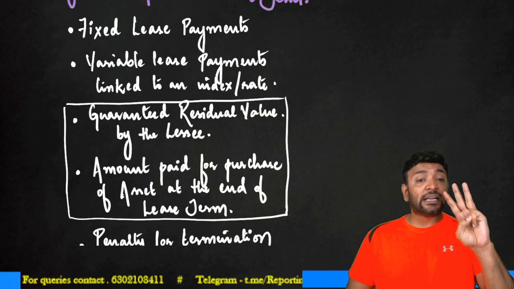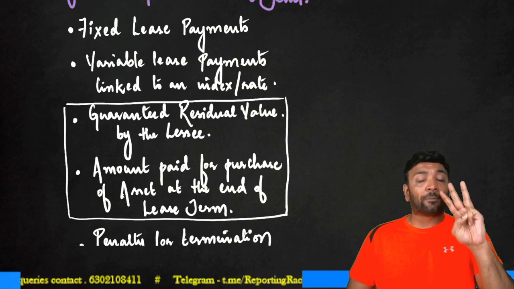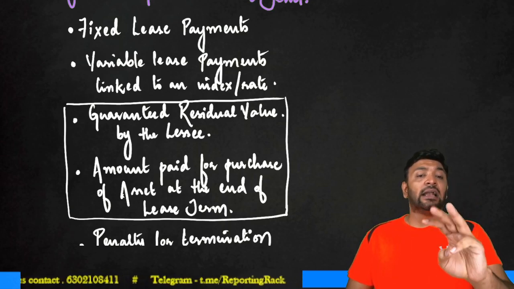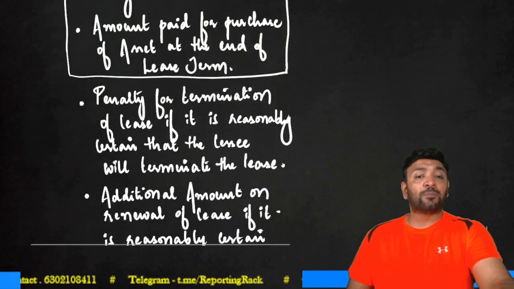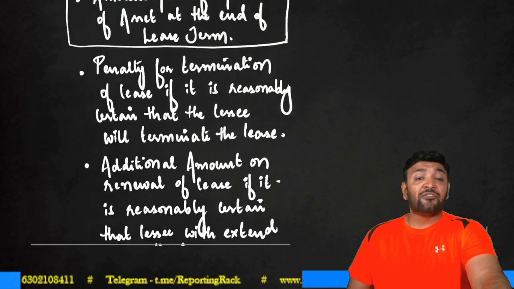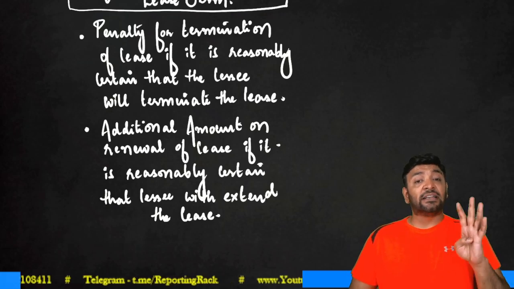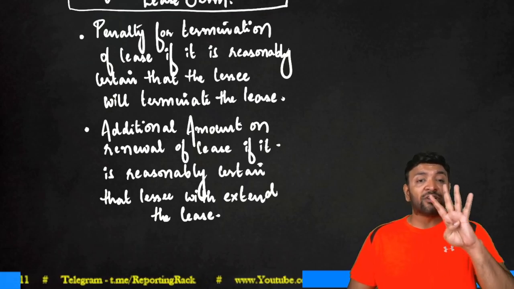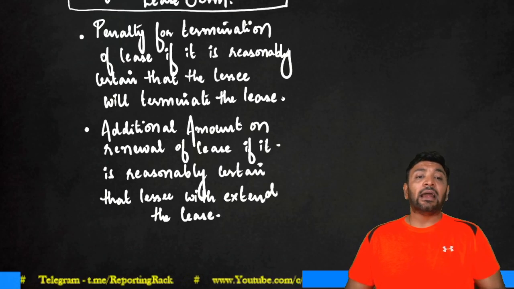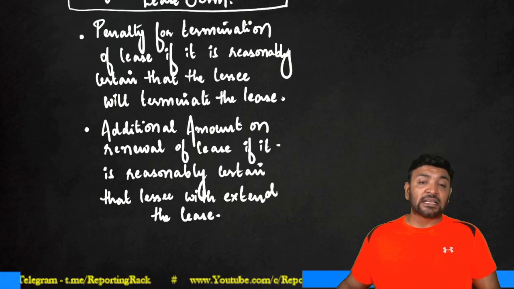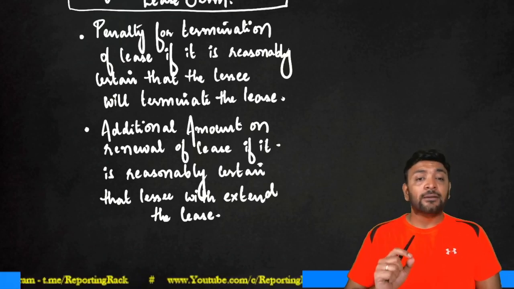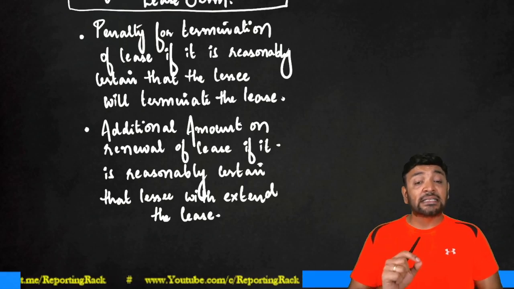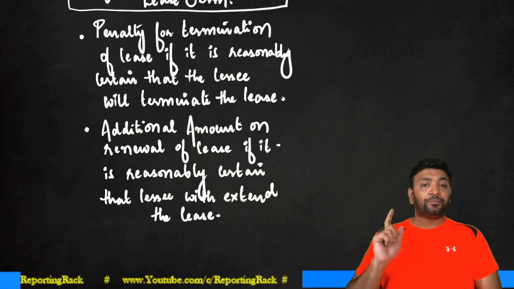Third one is guaranteed residual value or the amount paid for purchase of the asset at the end of lease term. Fourth one is penalty for termination of lease if it is reasonably certain that the lessee will terminate the lease before the end of its lease term. Or number 5, an additional amount which is payable by the lessee on renewal of a lease if it is reasonably certain that the lessee will extend the lease term.